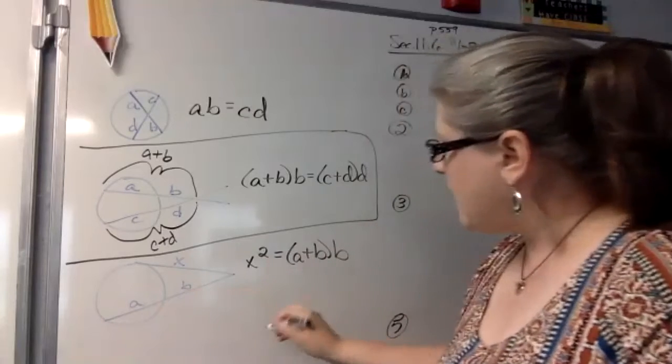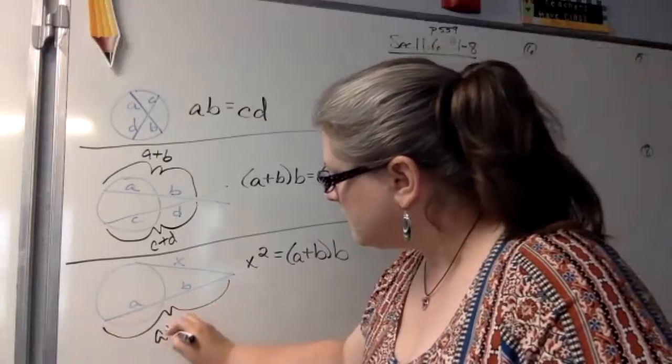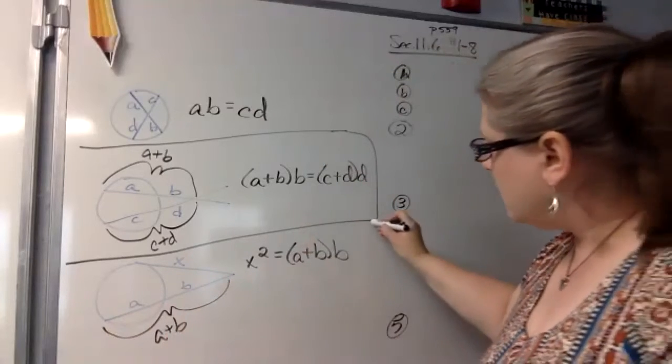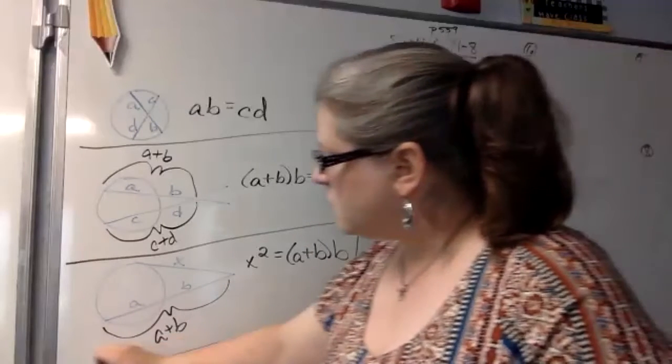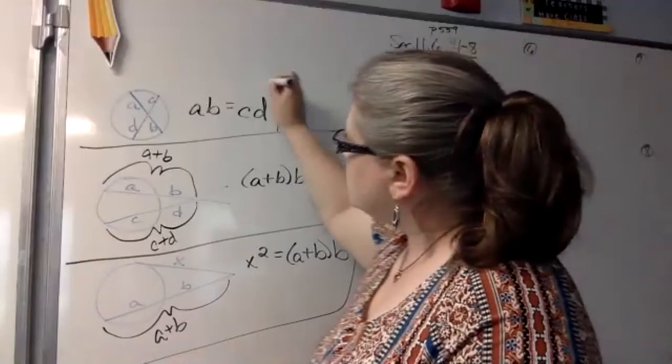And then you have the entire secant segment times the piece that was outside, similar to what we had up here. Okay, so those two are pretty similar. So we have three different types of problems that we're going to be dealing with.